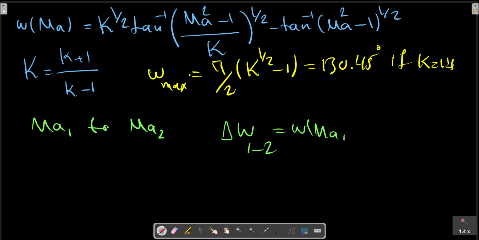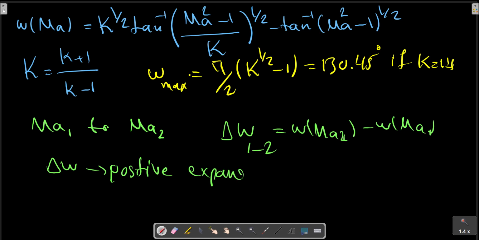omega at Mach 2 minus omega at the other Mach number. The change delta omega may be either positive or negative: positive for expansion and negative for compression.